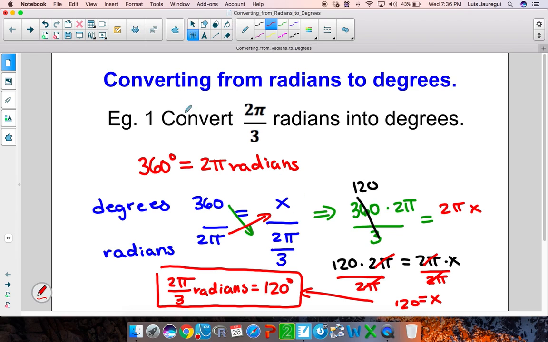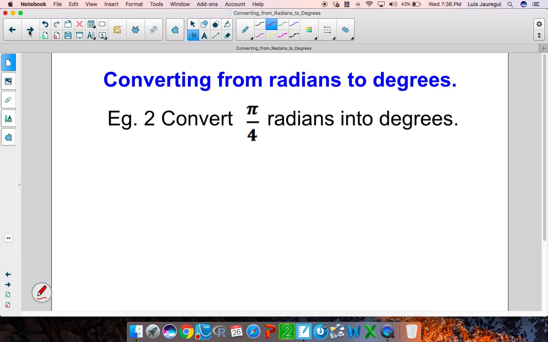Let's see one more example along these lines. Example 2: convert pi over 4 radians into degrees. One more time, we say 360 degrees is equal to 2 pi radians, and we can set up our proportion.